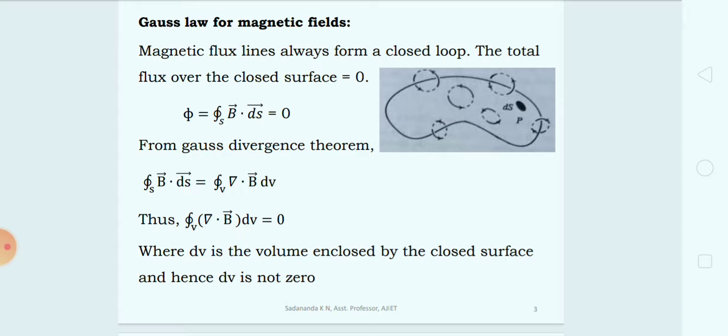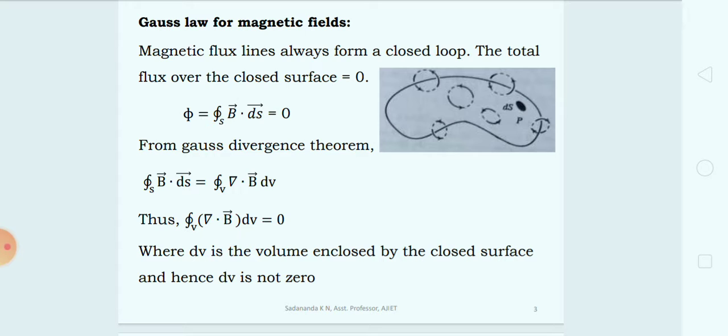In the same way, in this discussion the surface integral of vector B dot dS can be written as the volume integral of divergence of vector B dv. So, I hope it is clear. Thus, the volume integral of divergence of vector field B dv is equal to 0.